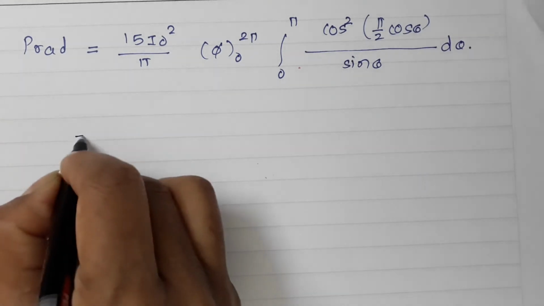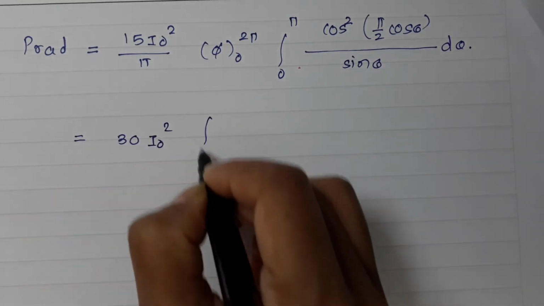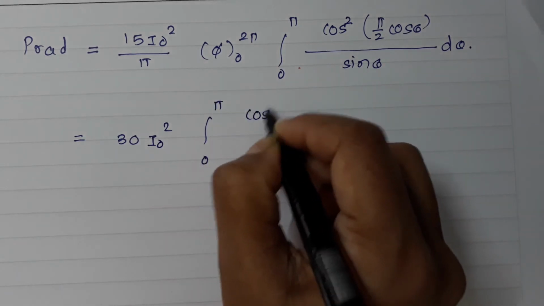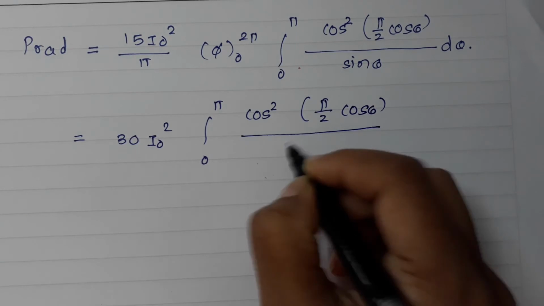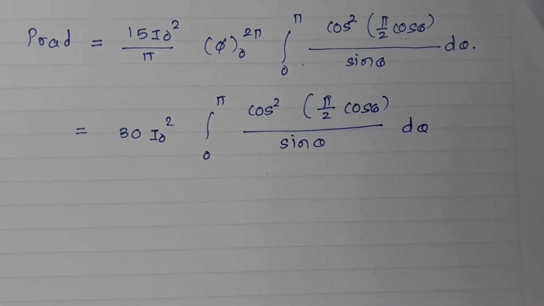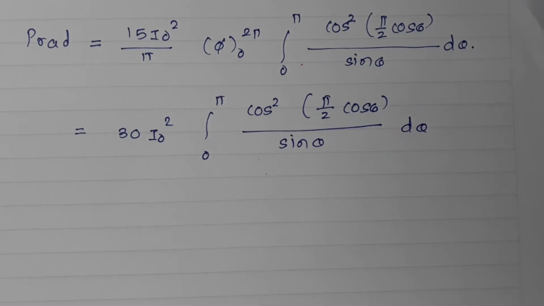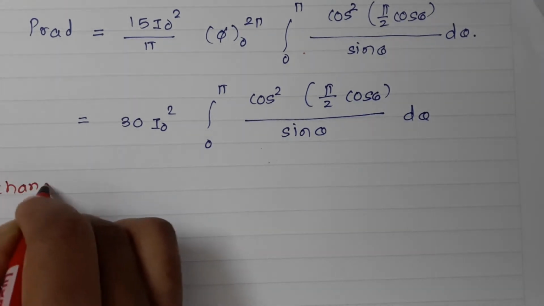Further solving, 30 I0 square 0 to pi cos square (pi/2 cos theta) sine theta with respect to d theta. Here I have got my equation much simplified. To solve this integration I need to change the variables.